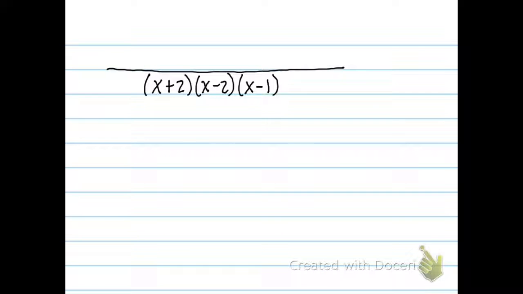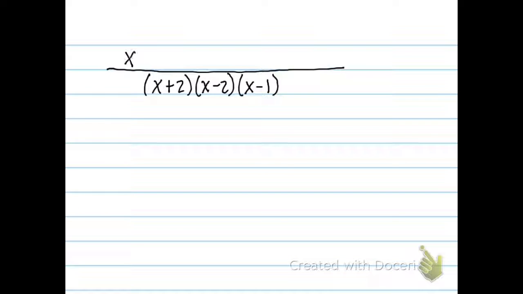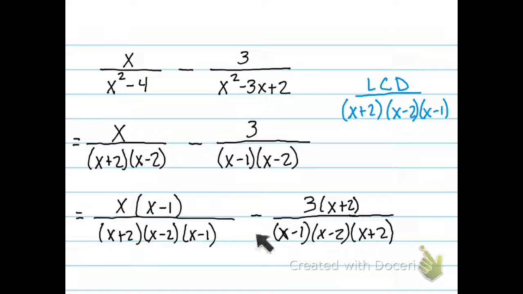So we've got, in no particular order, the denominator, we got x plus 2, x minus 2, and x minus 1. Right, so then we're going to take the first numerator, which is x times x minus 1. And then we've got minus, and then the second numerator, 3 times x plus 2.